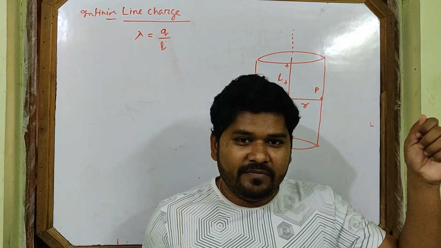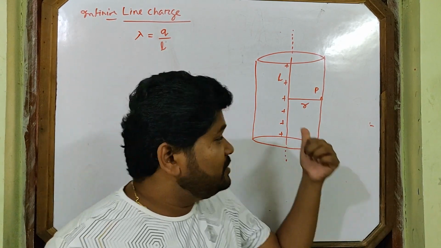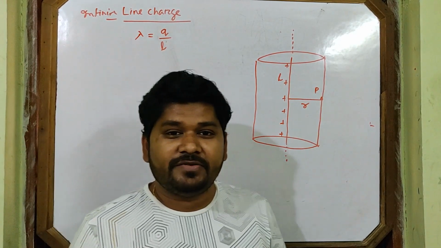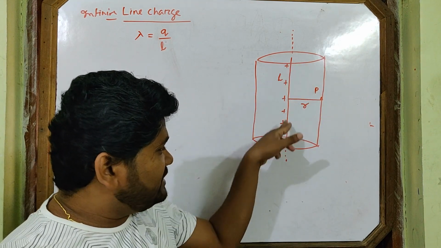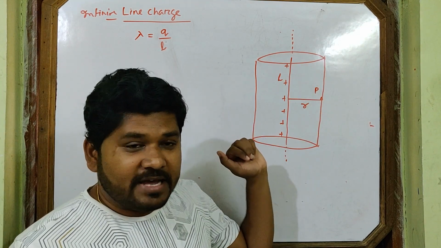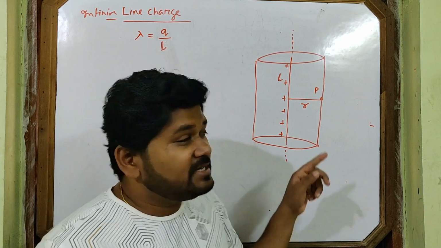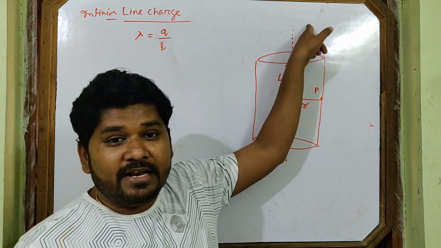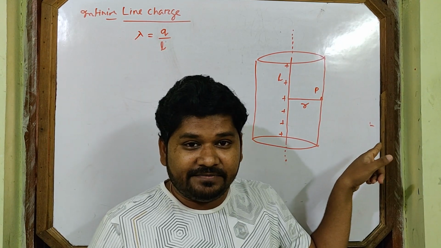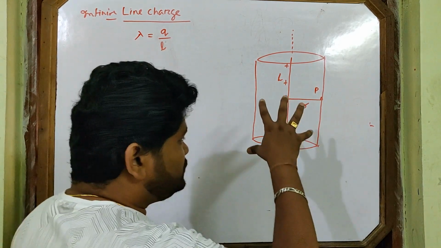The rod extends up to infinity, but I consider L length of the rod which is enclosed within the Gaussian surface. So we will now find intensity due to this length. You may ask the question, what about the infinite length? They have a contribution here also, but their contribution is neglected. So I took L length of the rod here enclosed within the Gaussian surface.